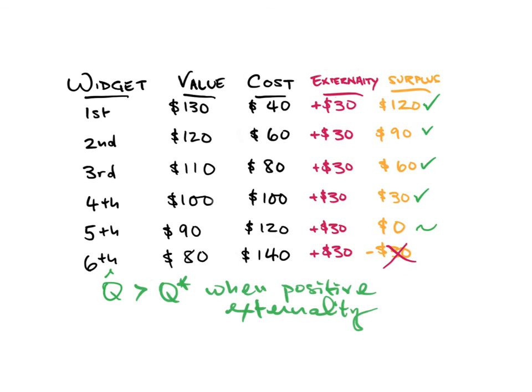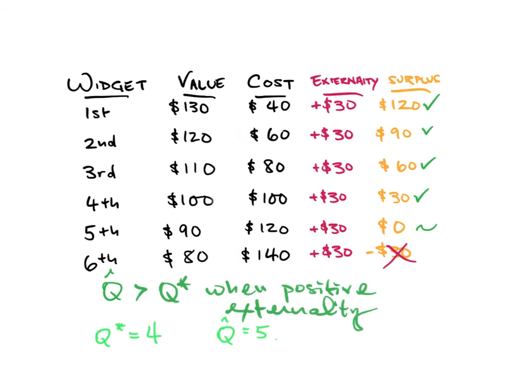In the market, again, Q star would be 4. If we let buyers and sellers find an equilibrium price and equilibrium quantity, 4 widgets would be sold. But the socially optimal quantity is 5. And this is, again, generally the result when there's a positive externality.